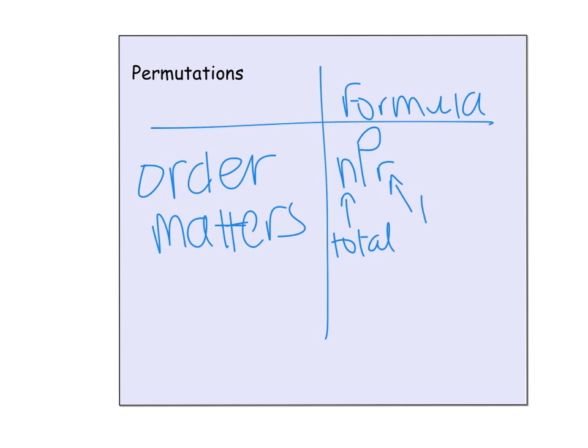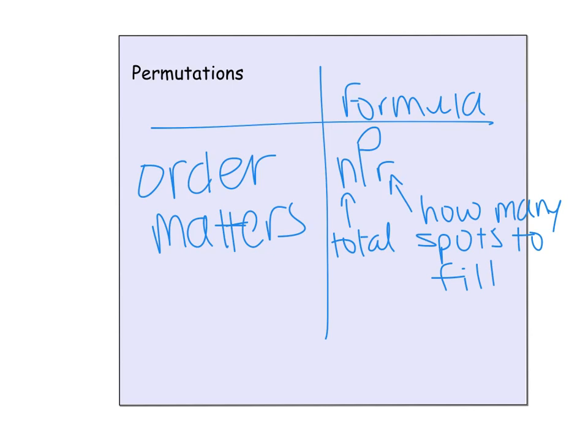That's how I like to describe it, or how many you're picking. So how many spots to fill is what I write. And I'm going to show the formula. We'll do one example like that, and then I'll show you how to do it in your calculators. That helps make it go just a little bit faster, a little bit easier.